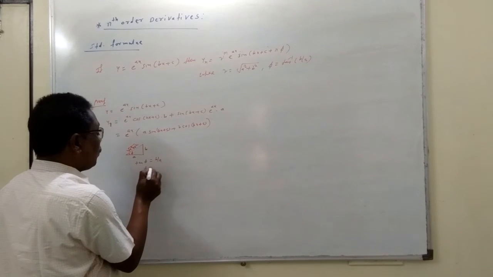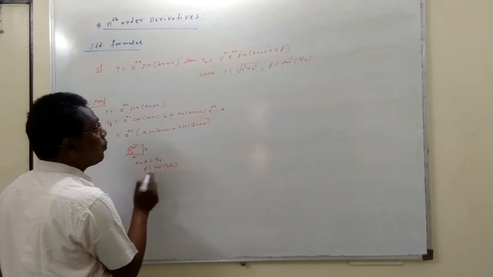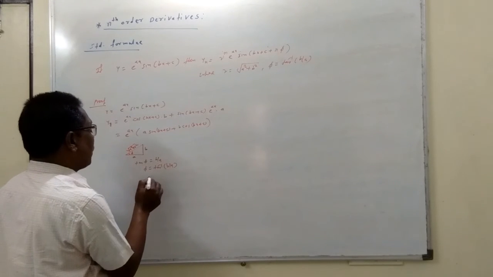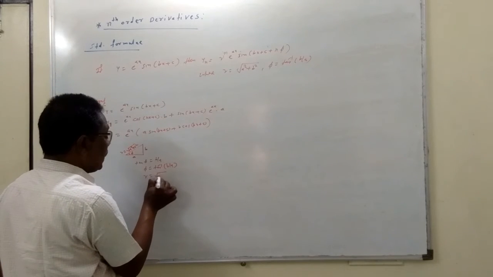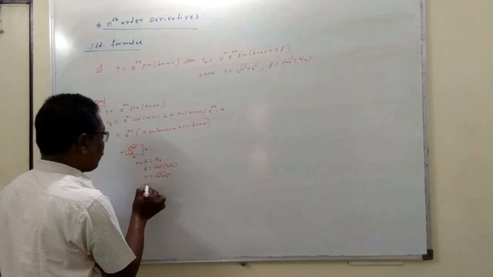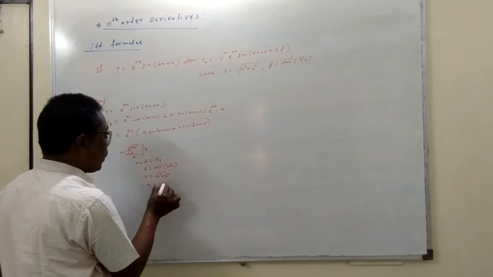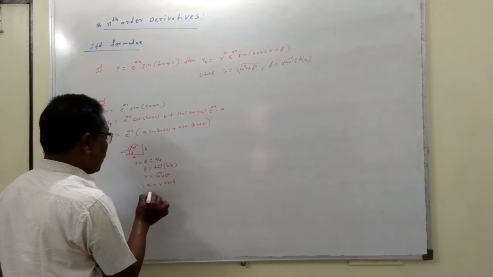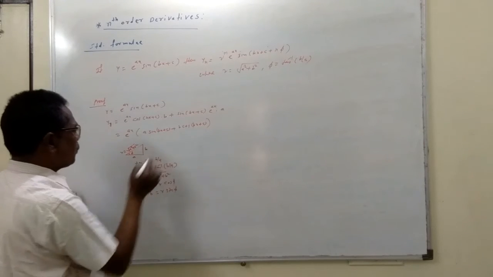So φ is equal to tan inverse b by a. We are putting φ equal to tan inverse b by a, and r is equal to under root a square plus b square. Therefore a is equal to r cos φ and b is equal to r sin φ.